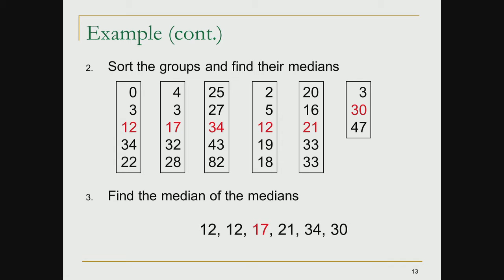Observe that in the groups of size 5, the median element is the third element, and in the last group, the median element is the second element. In the third step, we find the median of the medians. This is our array A, this is our array M, and one can see that there are 6 elements and the median element is 17.